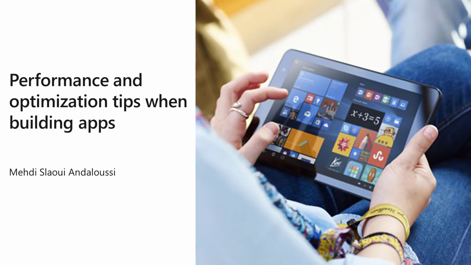All right, so I think the goal of the next session is really to rehash some of the performance optimization tips, with some new content because of the changes we did to the platform, but mostly ideas and concepts that are out there in many forms through blogs or documentation.